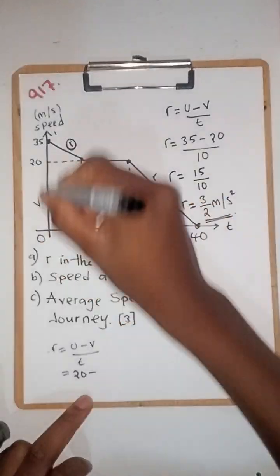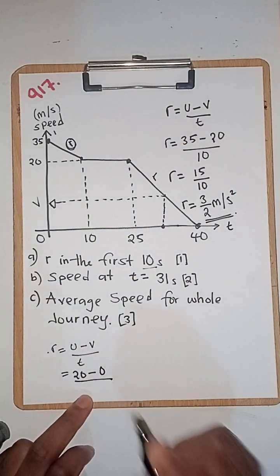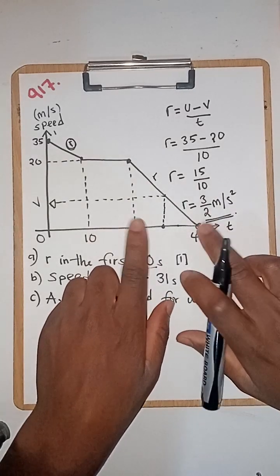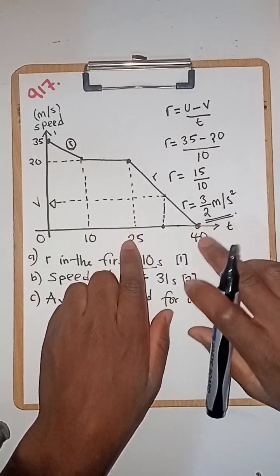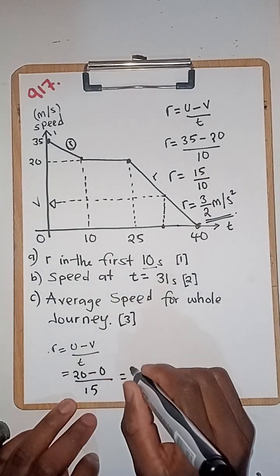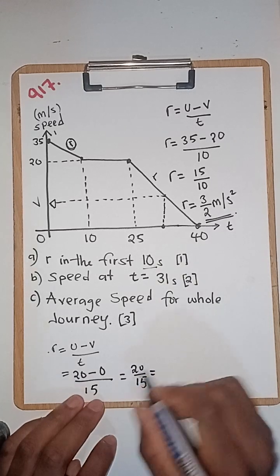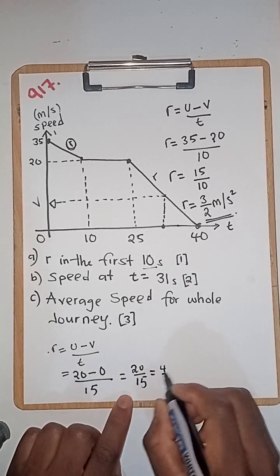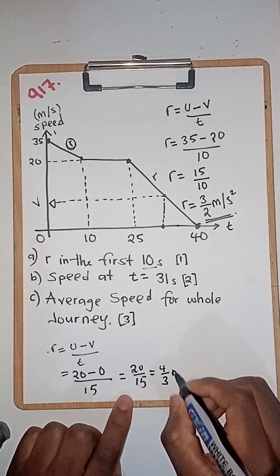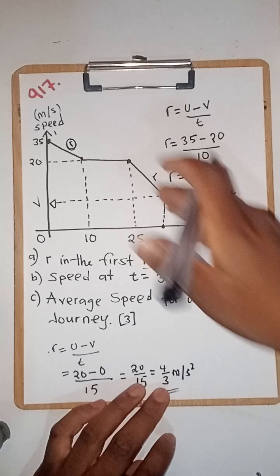So we get it from here where we have speed, which is 0. Over the time taken is the difference between the two. So here we have 25 and 40. The difference is 15. So this would be 20 over 15, which can also be 5 there, it will be 4, 5 here, it will be 3 meters per second squared. So we have 4 over 3 for this R.